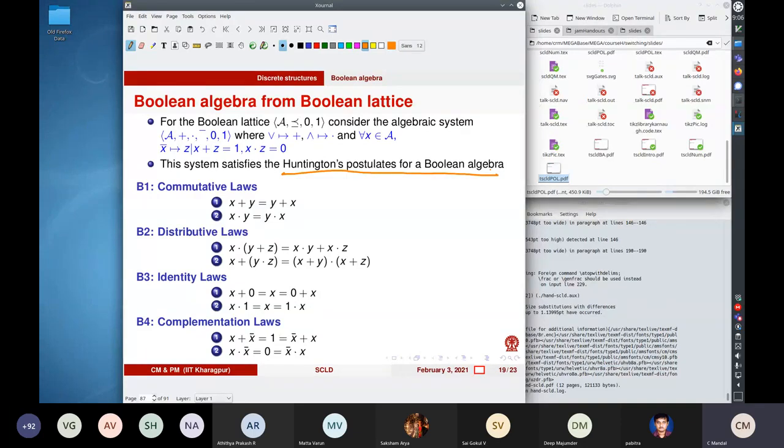So these laws are consistent with the properties of a Boolean lattice.